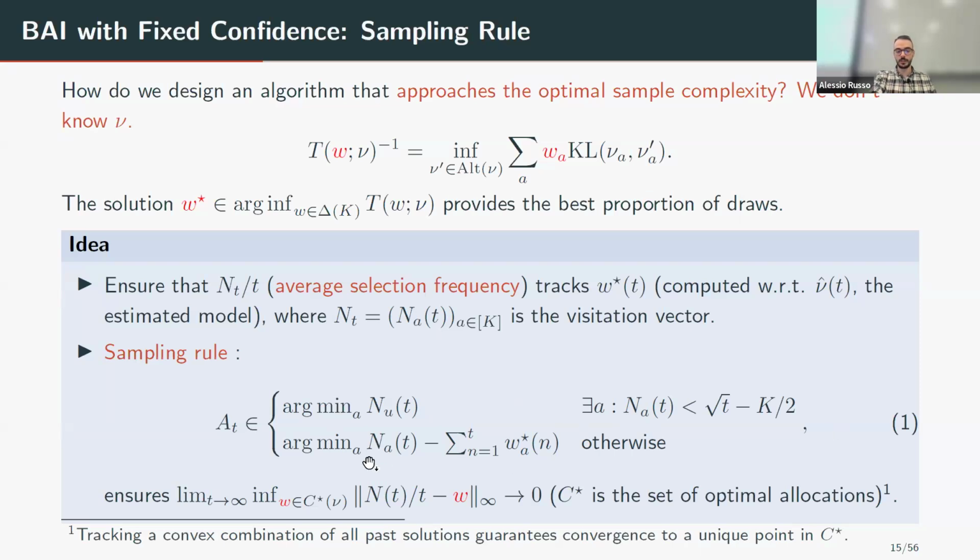Otherwise, we are going to select the arm that most deviates from w star t. So the idea is we need to track the w star t. Asymptotically, we know that it will converge to the true w if we keep sampling all the arms, and we can guarantee that the model is well estimated.